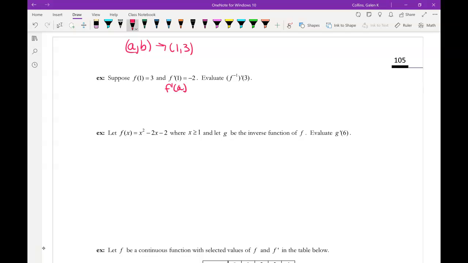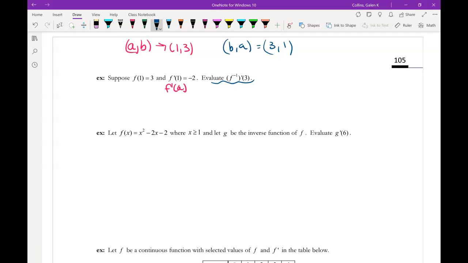And I'm asked to evaluate the derivative of the inverse function of f at 3. So remember, for this inverse function, (b, a), or in this case (3, 1), is a point on the inverse function of f.